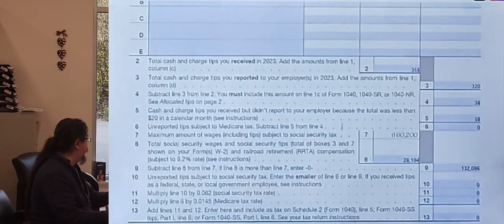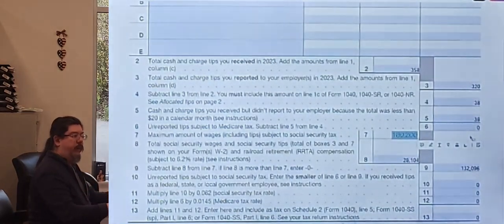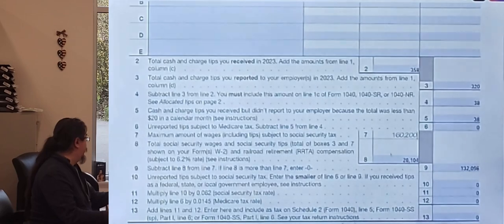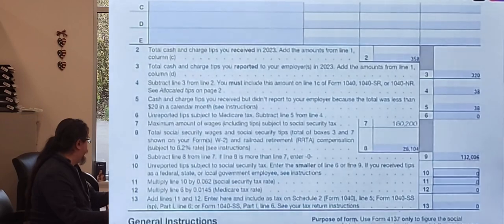This $160,200 is there because once you reach that income threshold, you no longer pay any more Social Security tax. In this case, it won't matter. He'll end up having 0 tips subject to Social Security tax. 0 times line 10 is still 0. 0 times line 12 or line 6 is still 0. So he doesn't owe any additional tax.